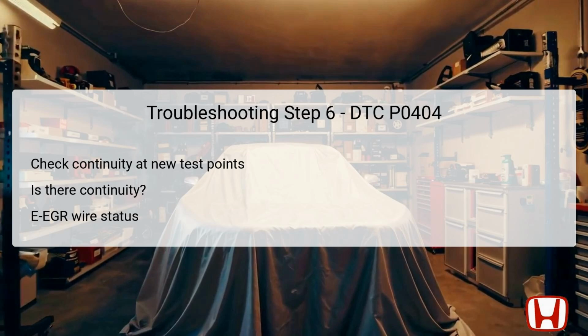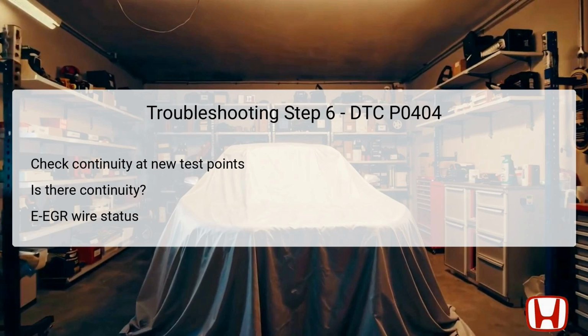With the vehicle in off mode and both the EGR valve connector 5P and the PCM connector C51P disconnected, measure continuity between the established test points to ascertain the wire's health status. If continuity exists, congratulations, the EGR wire integrity is intact, allowing technicians to progress to the seventh troubleshooting step.